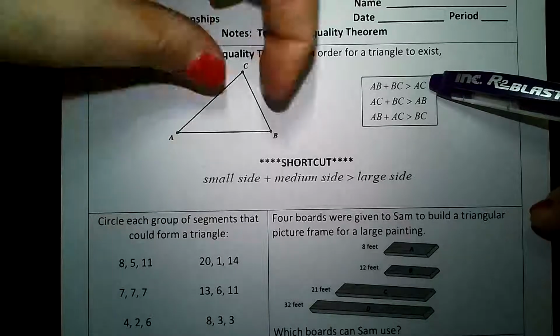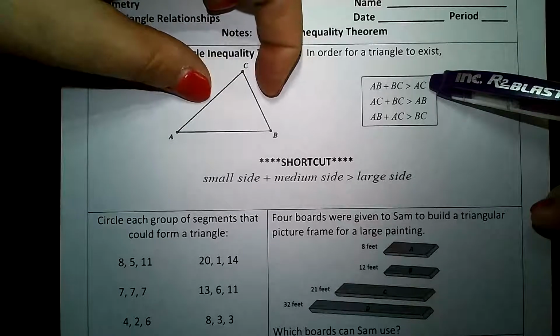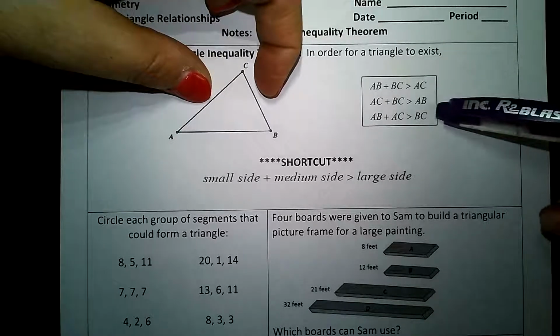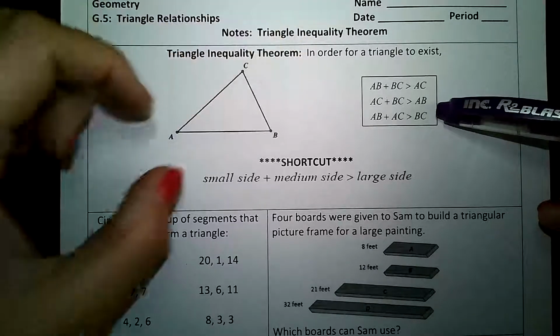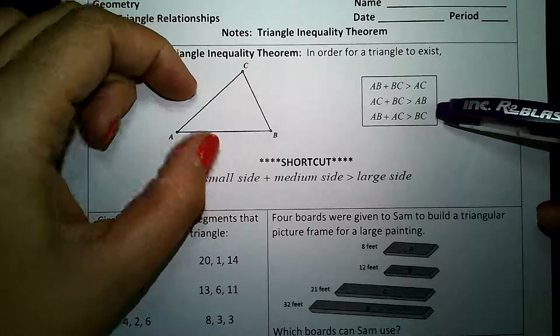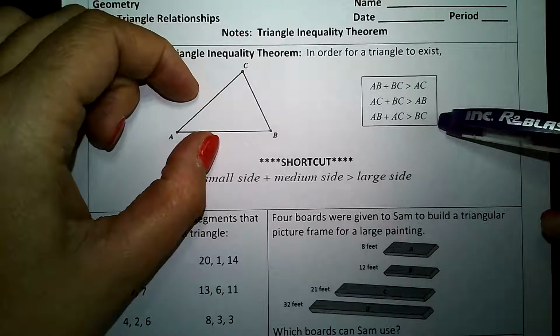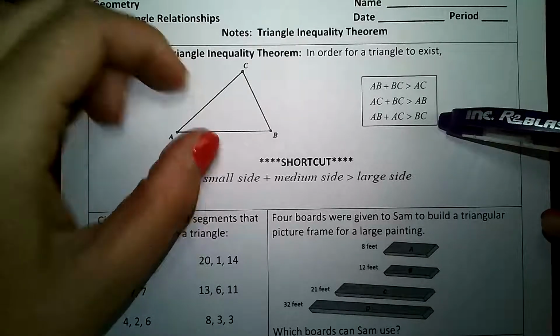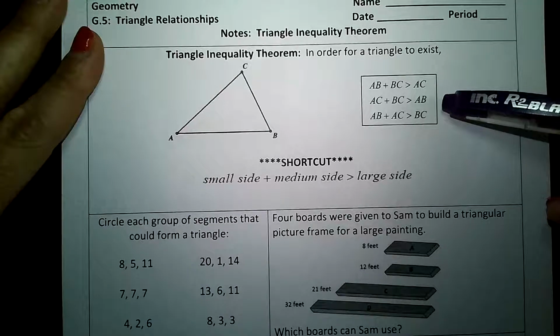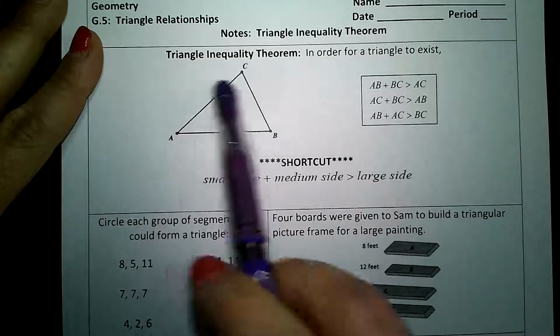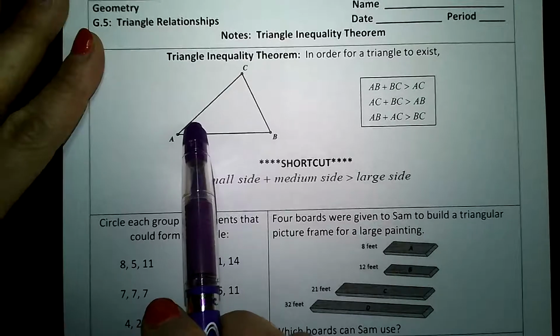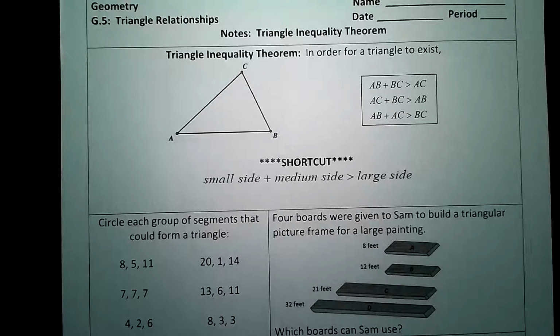Or the other two sides, AC and BC, have to add together to be bigger than the third side. Or take the other sides, AB and AC, they have to add to be bigger than the third side. So what we're saying here is that any two sides of the triangle have to add up to be longer than the third side.